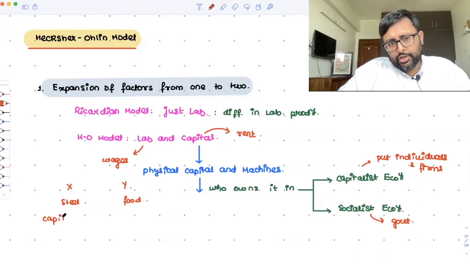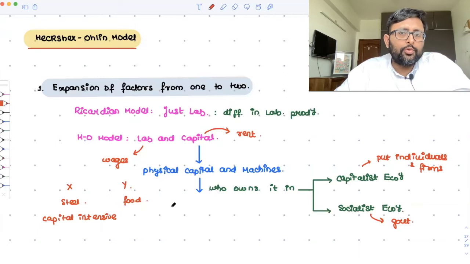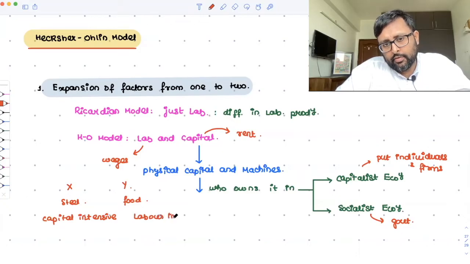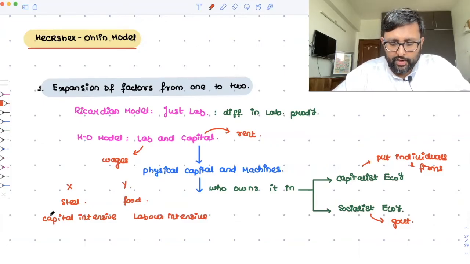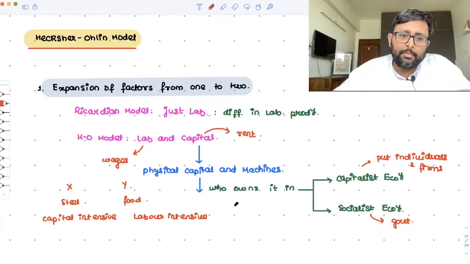So steel production is going to be capital intensive. While food production is going to use more labor than the capital, so it will be labor intensive. Now, when I say intensive, it is using more capital per unit of labor, right? More capital per unit of labor. So in Heckscher Ohlin model, we'll be talking a lot about this capital labor ratio.